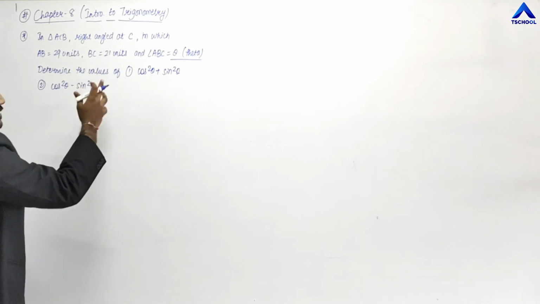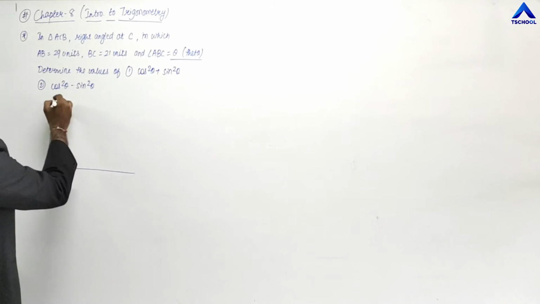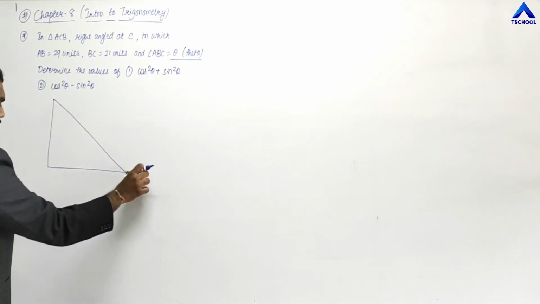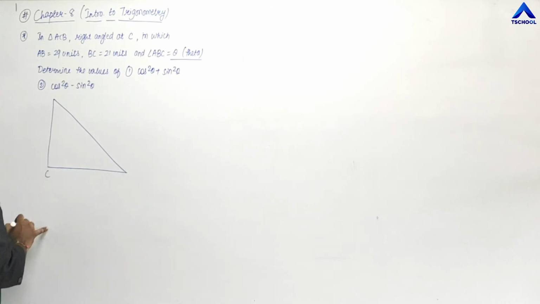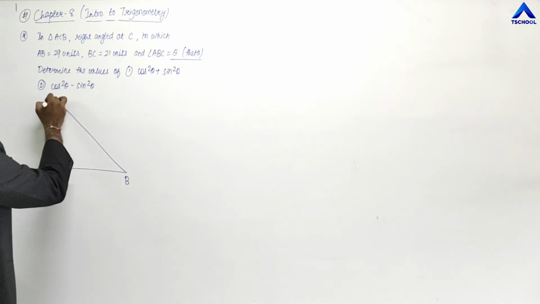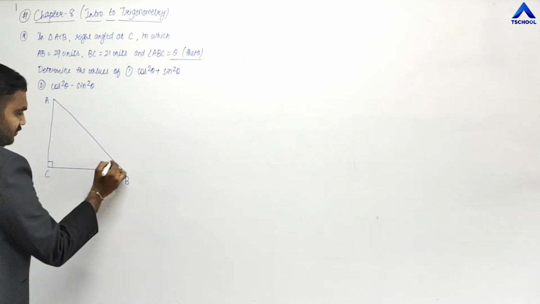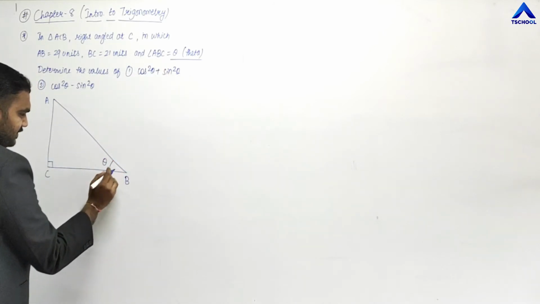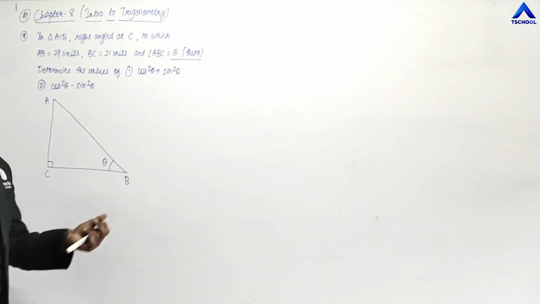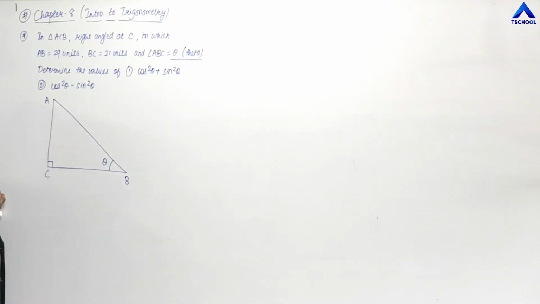So first of all, on this question, let us draw a figure. Right angled at C, so we will take C here, B here, and we shall take A here. First of all, let us denote angle ABC equals theta, so that is my angle ABC, which is theta. Friends, as we saw in the previous ratios, we were taking sine of B, cos of B, sine of A, cos of A, and all.